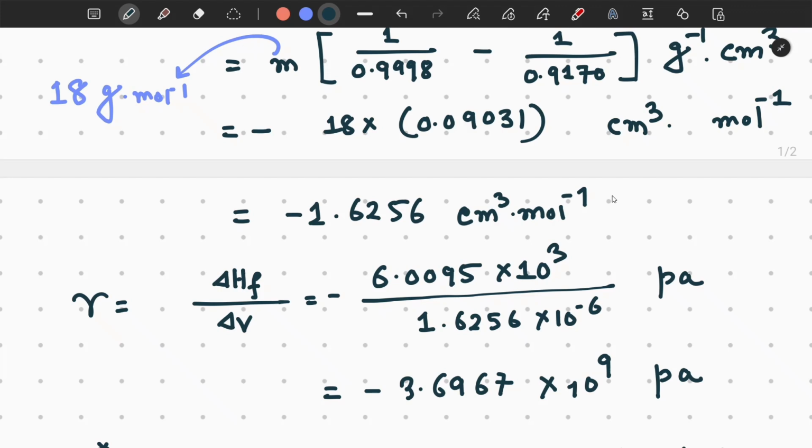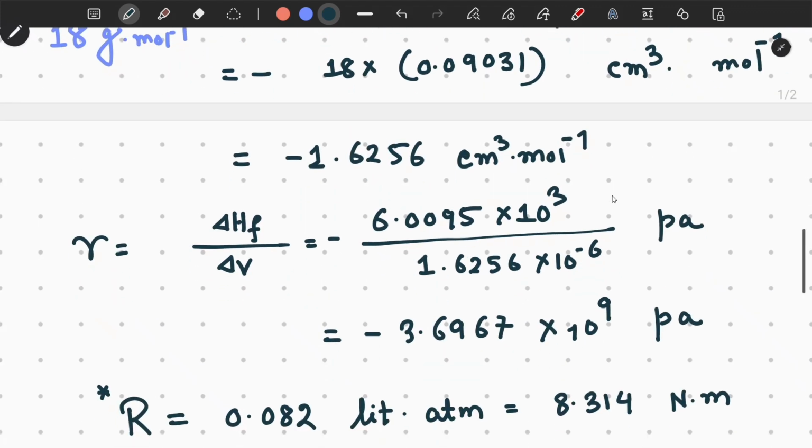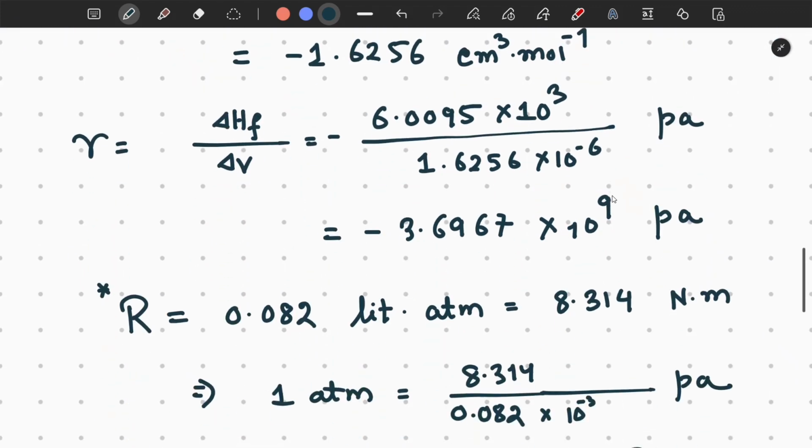It's straightforward. These 10 to the power 3 come from kilojoule and 10 to the minus 6 comes from the meter to centimeter conversion. What is the difference in the answer?